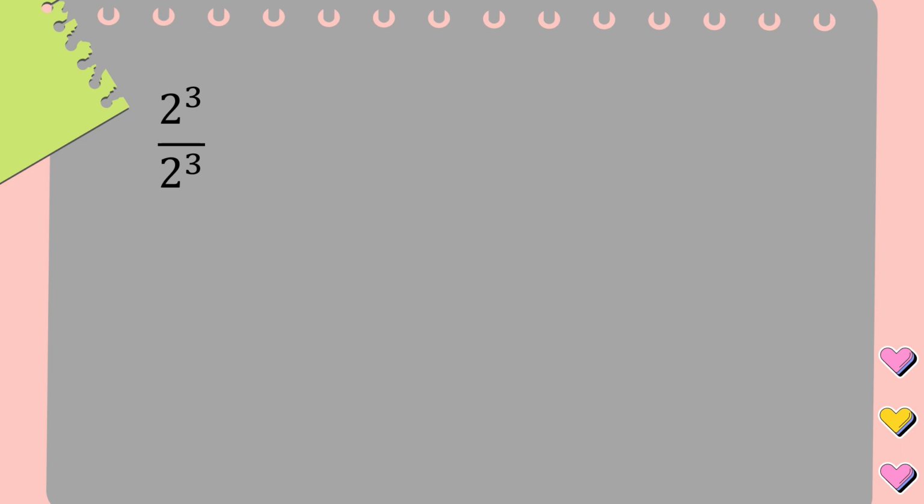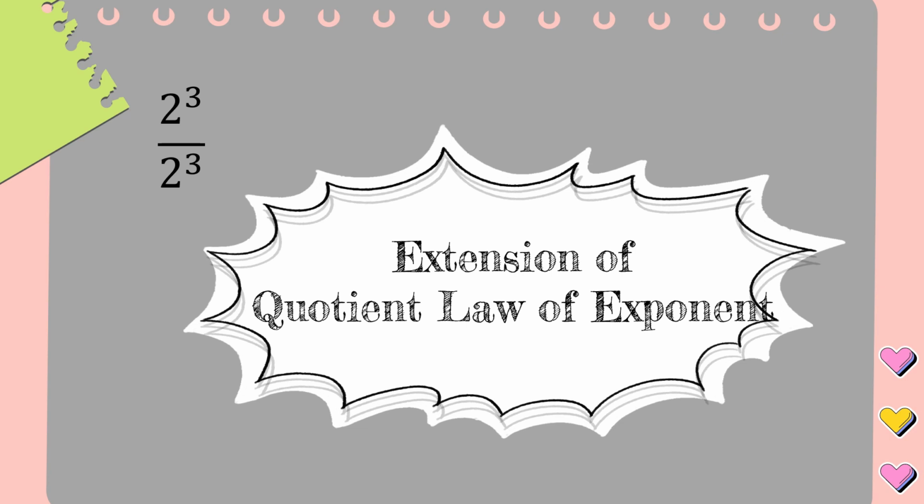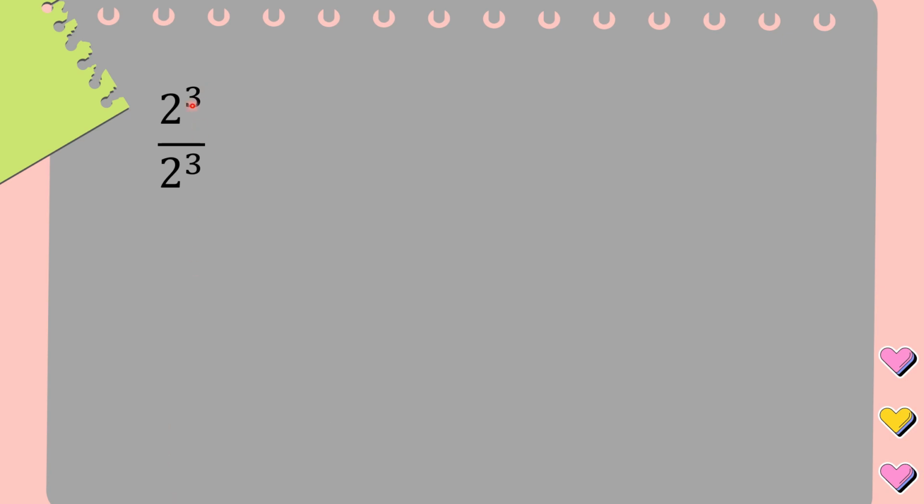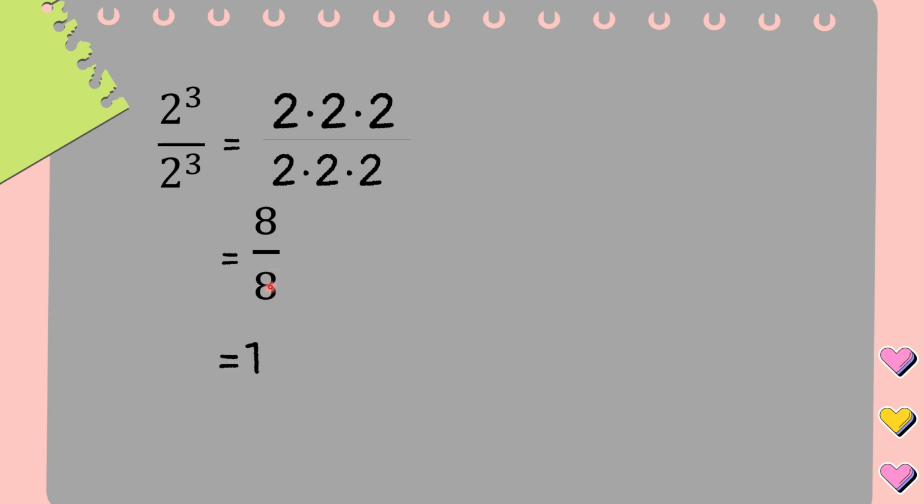The next two laws of exponents are just extensions of the quotient law of exponents. We have here 2 raised to 3 divided by 2 raised to 3. And 2 raised to 3 means 2 times 2 times 2 divided by 2 times 2 times 2. And 2 times 2 times 2 is 8, divided by 8. And 8 divided by 8 is equal to 1.